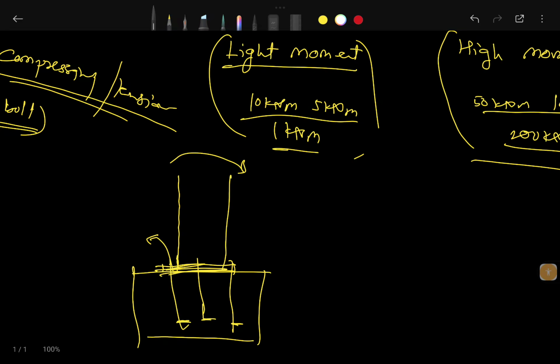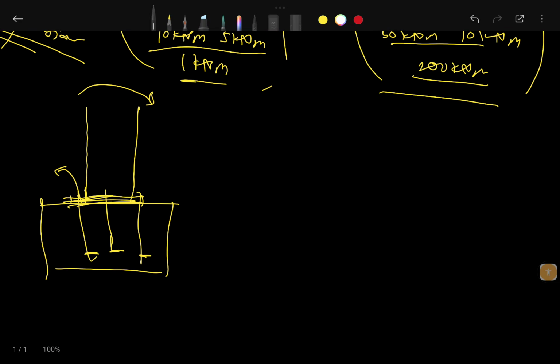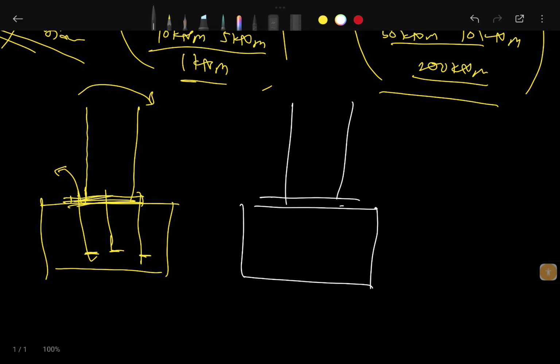But if high moments come in our structure, then we have a second option. If high moments come in our structure, then we use stiffeners.